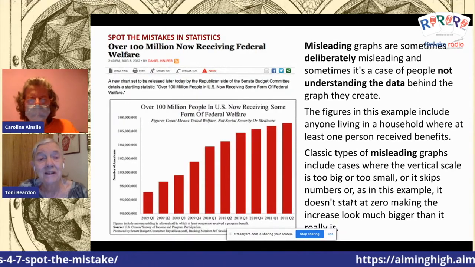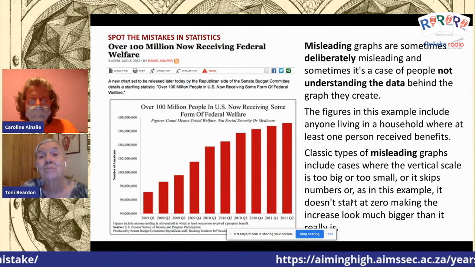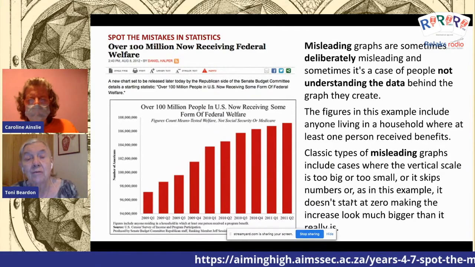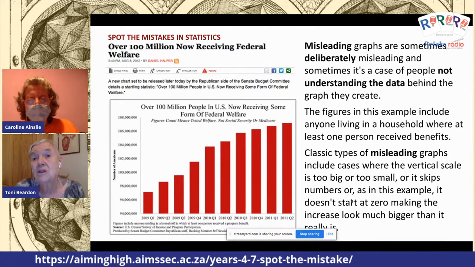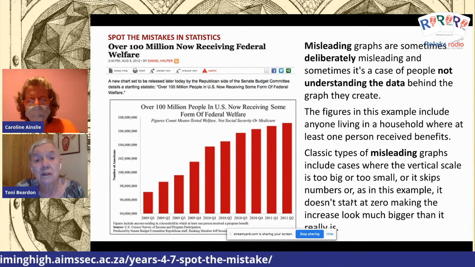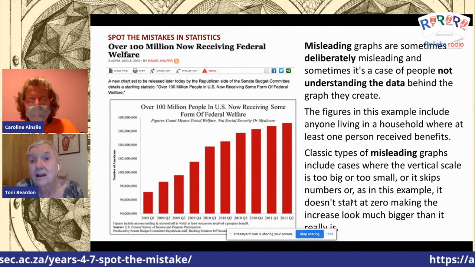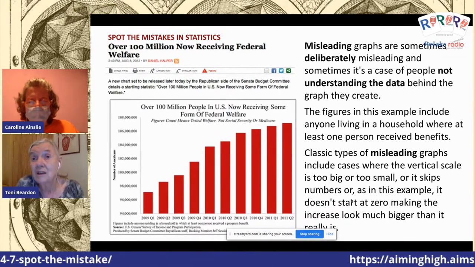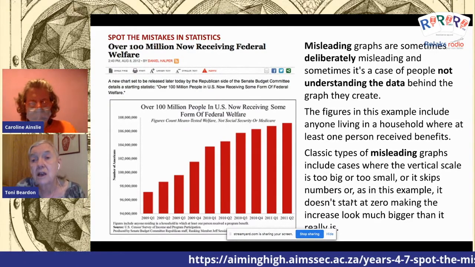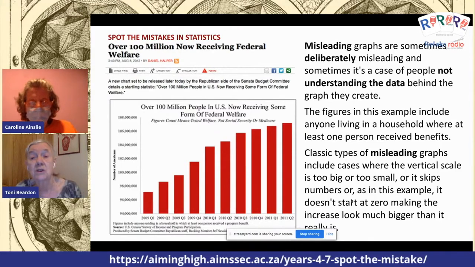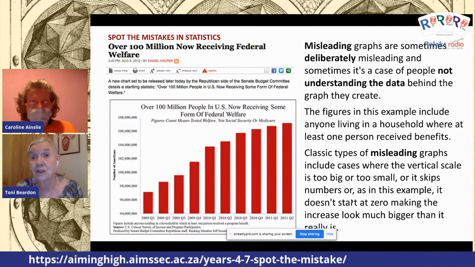So we want the children in school to learn as much as they can about collecting the data, about representing the statistics, about doing this in such a way that it's actually accurate. And when they see somebody else producing statistics and telling them a story based on the statistics, they can be critical.